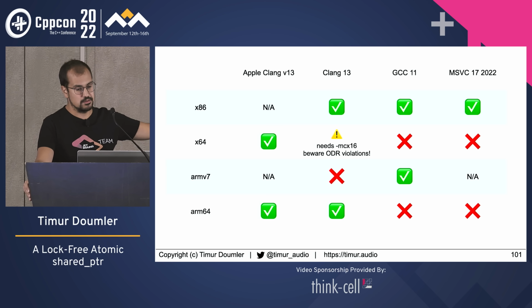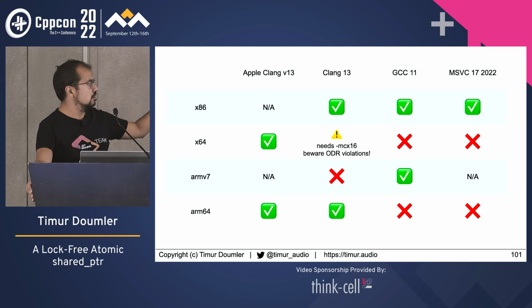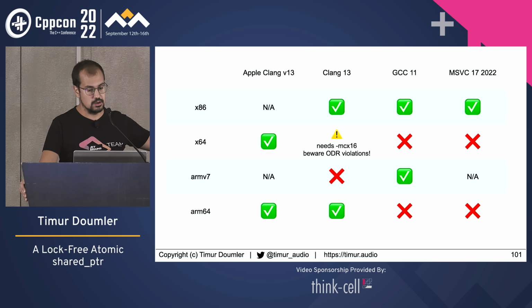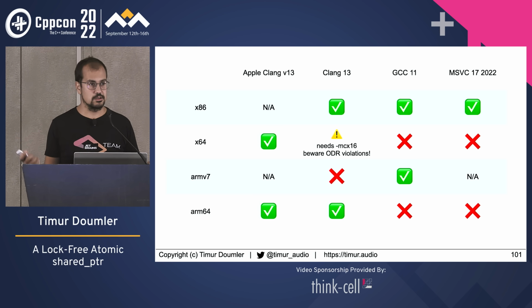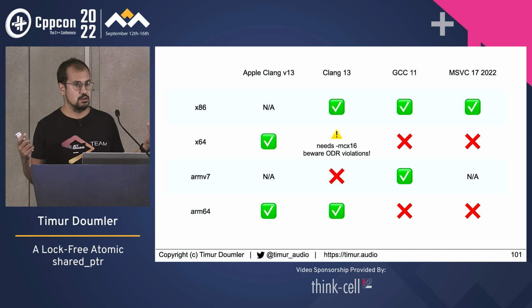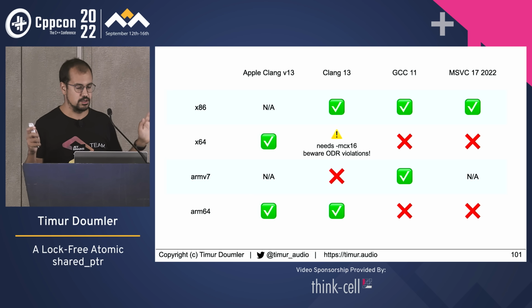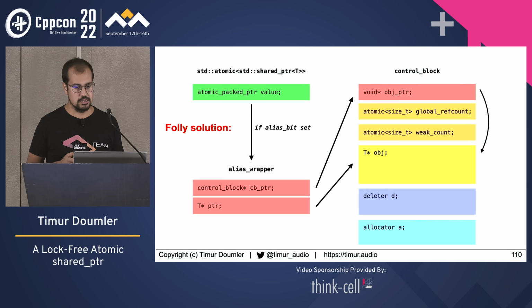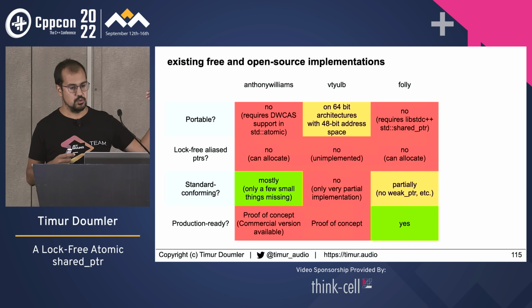You can compile with this flag, but then you need to make sure that everything is compiled with this flag. If you're on Linux, Clang, that's kind of the exclamation mark there. You need to make sure that everything is compiled with this flag. Otherwise, you have two different implementations of std atomic in the same binary, which means ODR violations, and you don't want to do that. So you cannot normally do this on either Linux or Windows. So the Anthony Williams version is not portable.